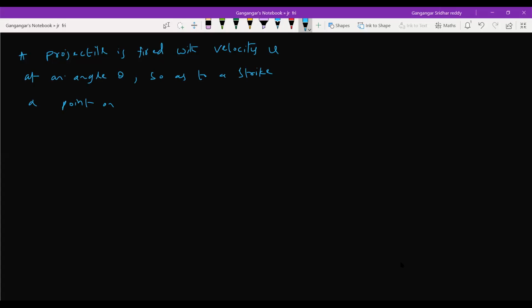I'll write down the question. A projectile is fired with velocity U at an angle theta, so as to strike a point on an inclined plane.